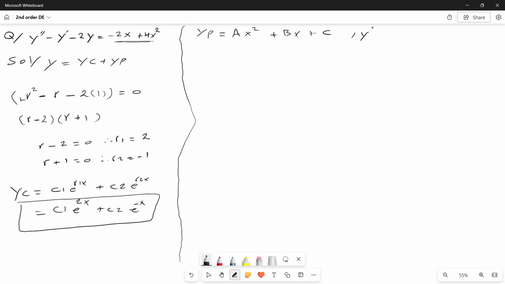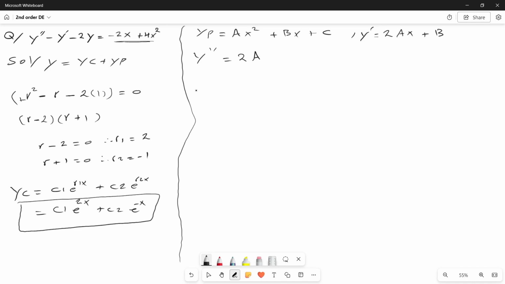So we have y' is equal to 2ax plus b, and y'' would be 2a. Now all we have to do is substitute the value of y'', y', and y into our original second order equation.